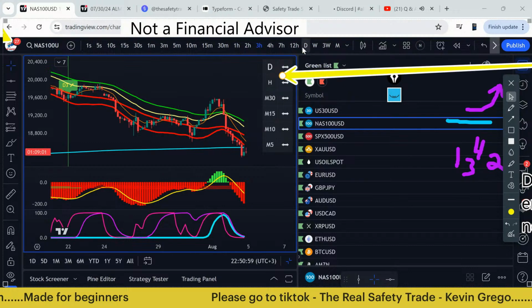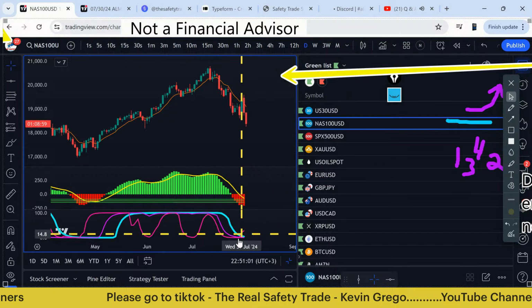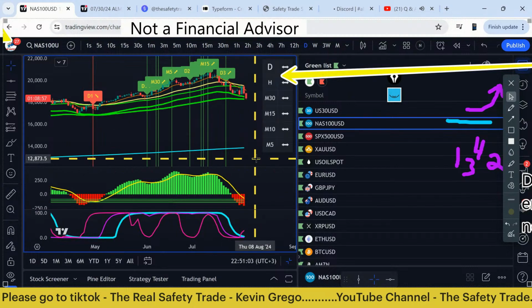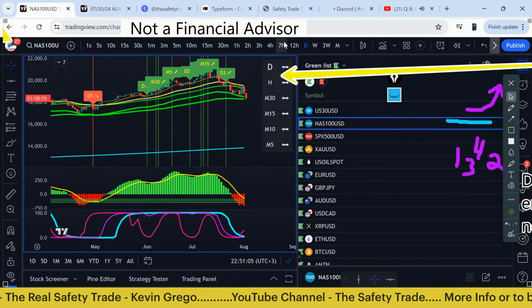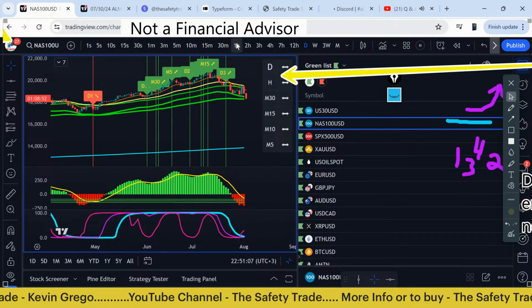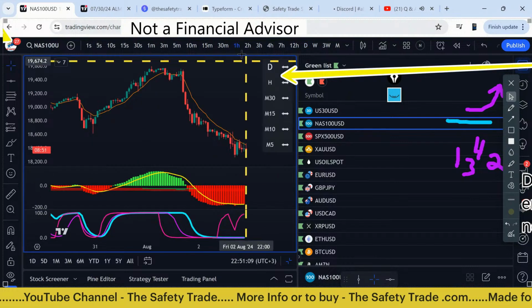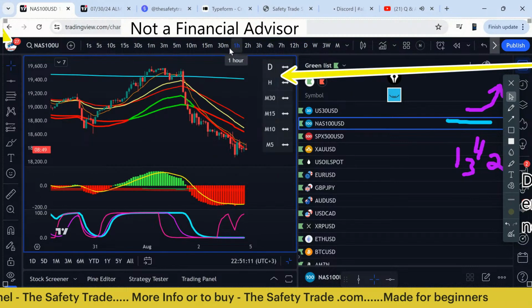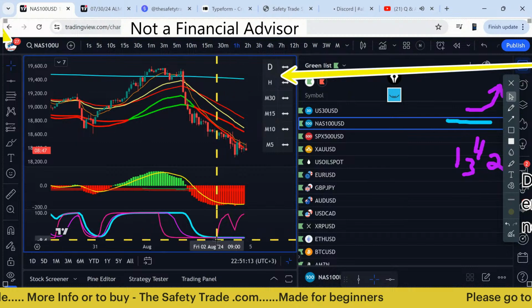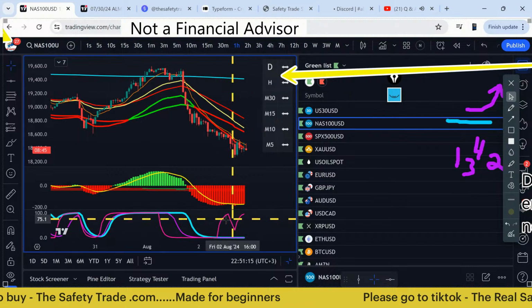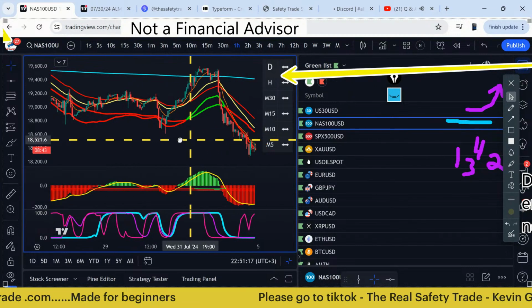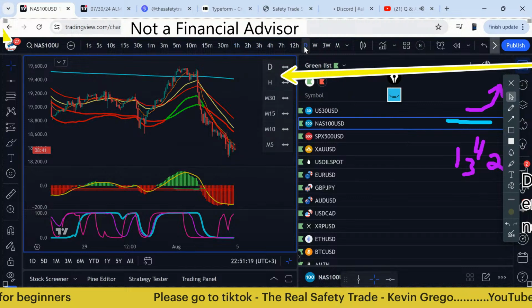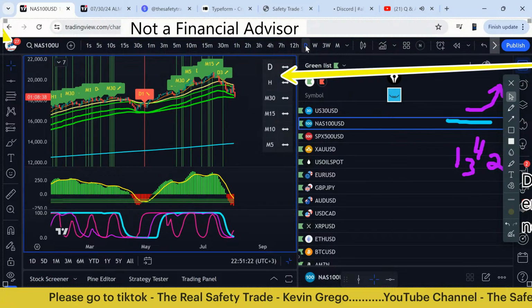So if we went over to the daily here, we can clearly see this is flat. This is kind of high. You want to look for some sell stops if you're looking at this time frame. If you want to go to lower time frames, you'd go to the hourly. And that's why this came down. If you look at this right here, this would be an hourly daily sell, right?